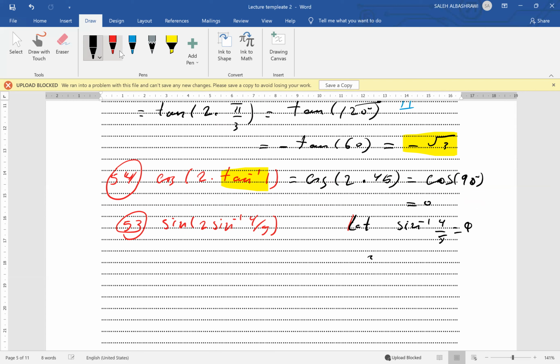This will give me sine theta equal to 4 over 5 by the definition of the inverse trigonometric function.